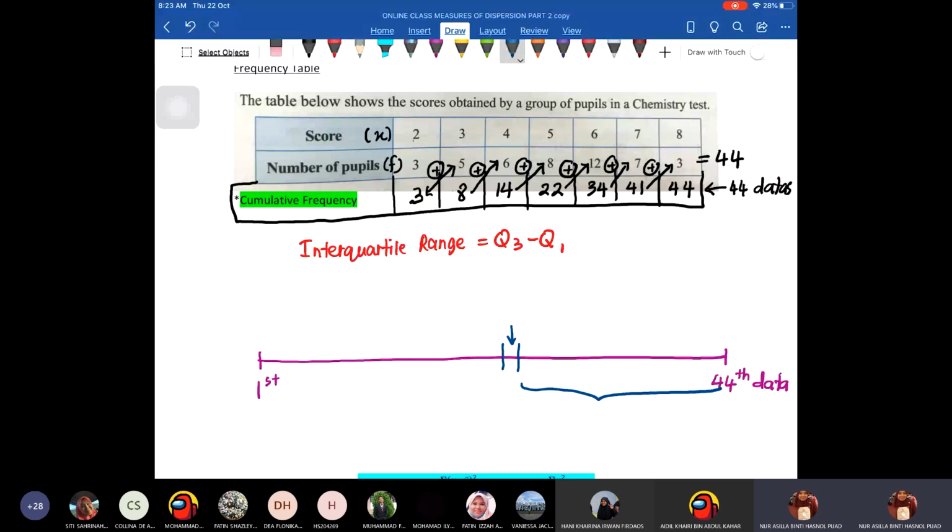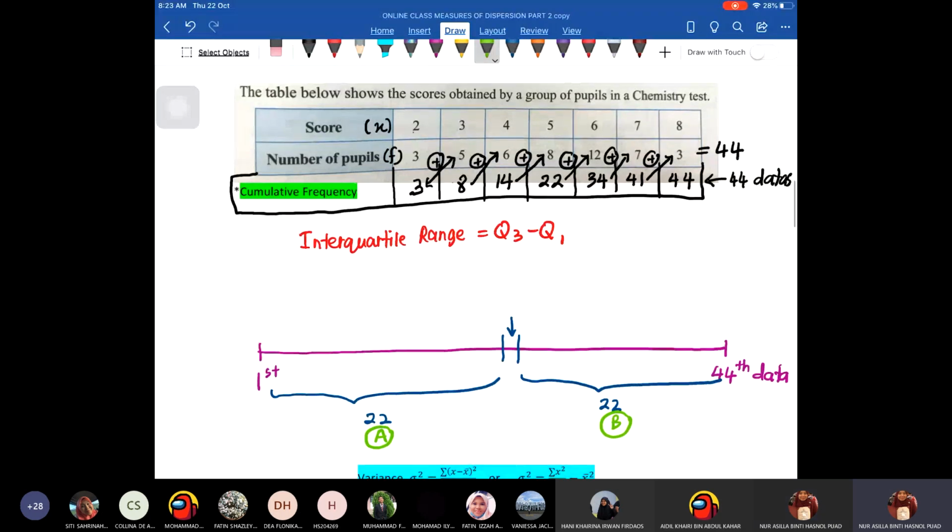So there will be 22 and then on this side there will be 22. So my A has 22, my B also has 22 data. Okay. So I have to identify my 22nd data and my 23rd data.